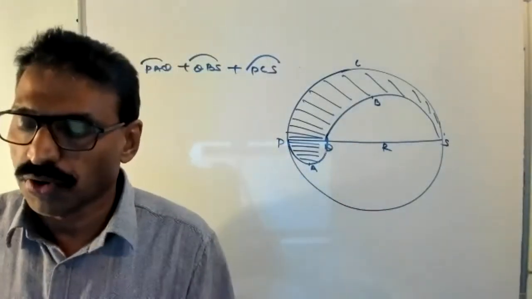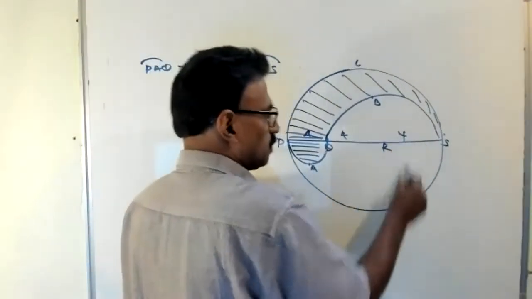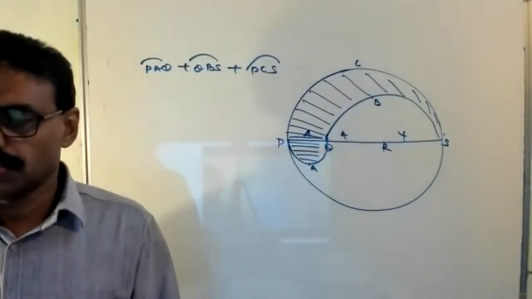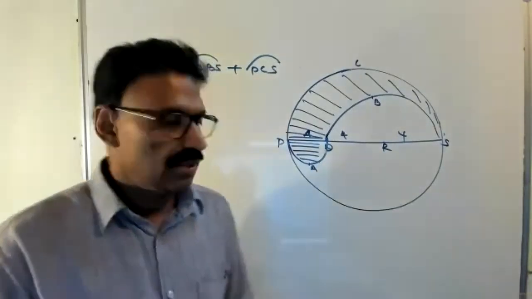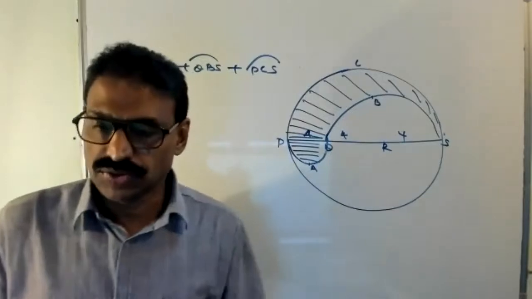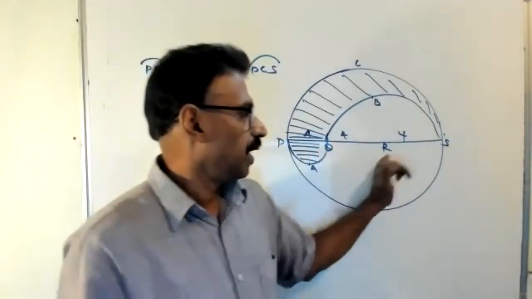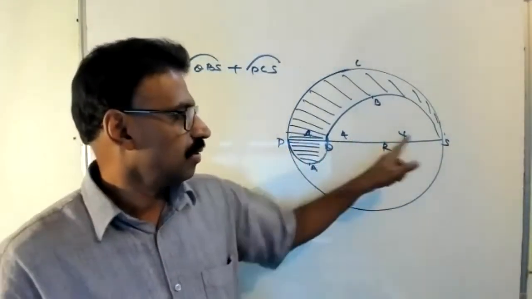It is 4 each. So this is 4, here also 4, here also 4. Total is 12. PQ, QR, RS are equal, so each is 4.